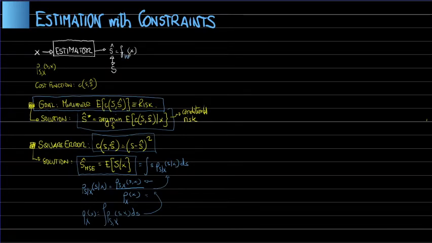We will use a parameter vector W, and we will assume that our estimator has some known parametric form: the estimator is a function of the observation that depends on the parameter W. We know the form of this function, but we don't know the value of the parameter W. So we will need to find some way to compute W.